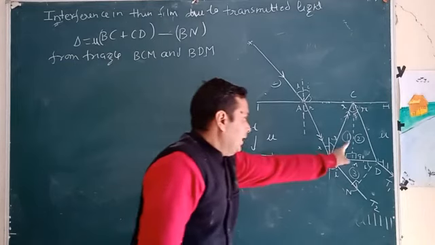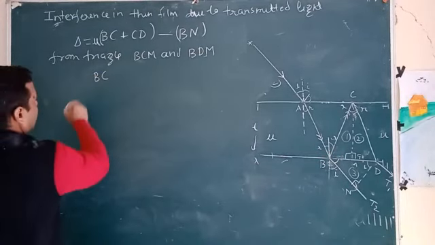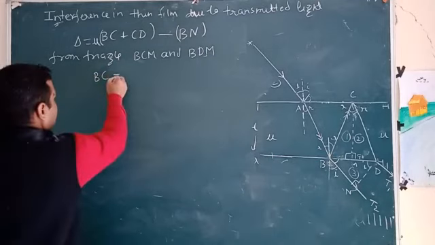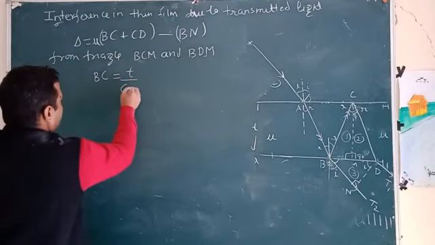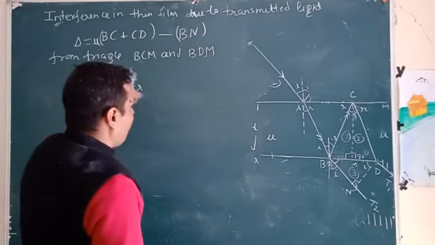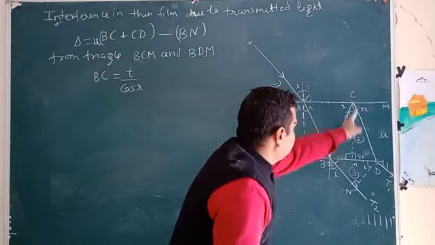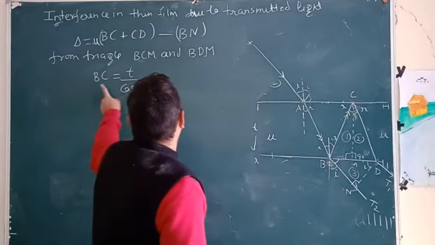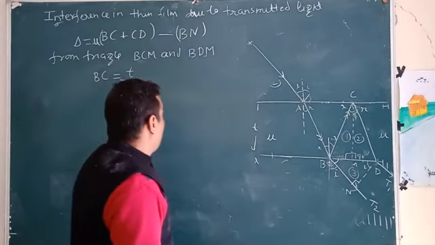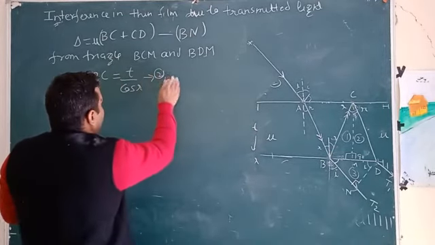From the first triangle, BC is equal to T upon cos r. In the last lecture we calculated this: CM upon BC is equal to cos r, so BC is equal to T upon cos r, that is equation 2.